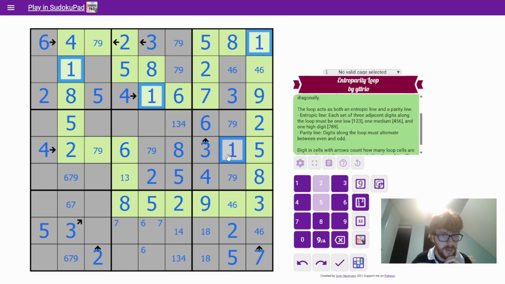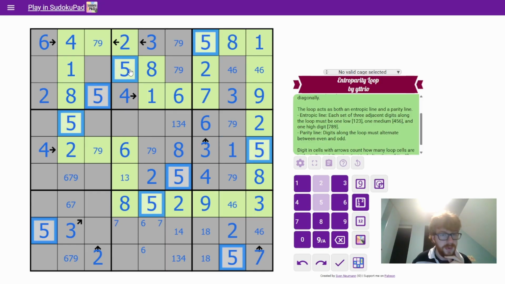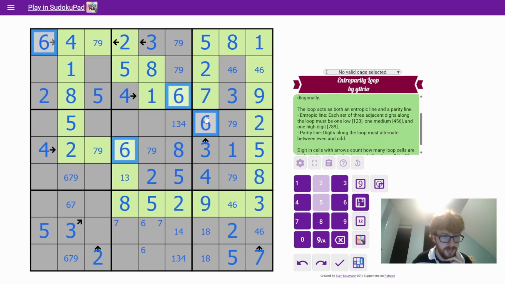I did pretty well. I went fairly quickly through this puzzle, but now at the end I'm just not seeing anything. I'm not seeing it. That might be me though. After? No, that doesn't influence anything.